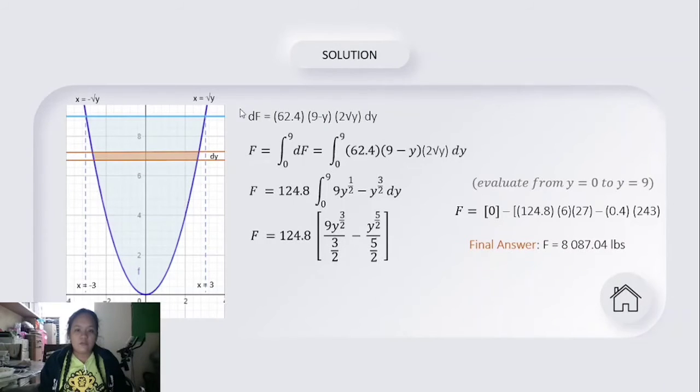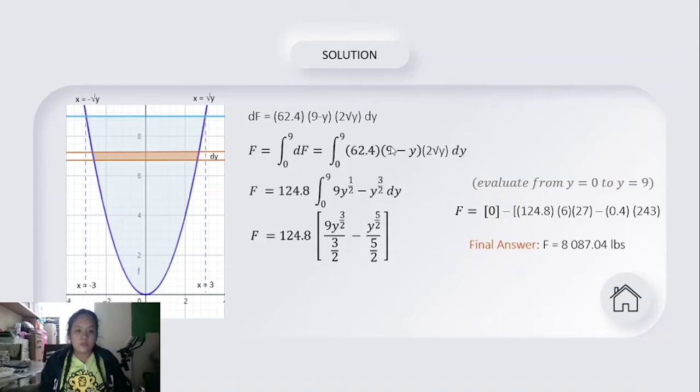If we solve everything from here, it would only give us the force on this specific slice. So what we need to do is add all of these slices from the lowest value to the highest value, which is the integral of dF from 0 to 9, which is also equal to the force: F equals 62.4 times the integral of (9 minus y) times 2 square root of y dy from 0 to 9.